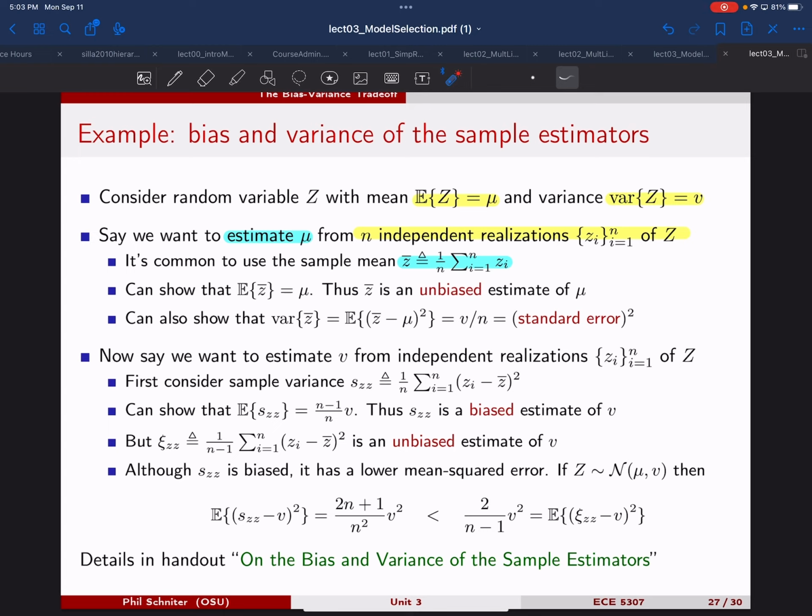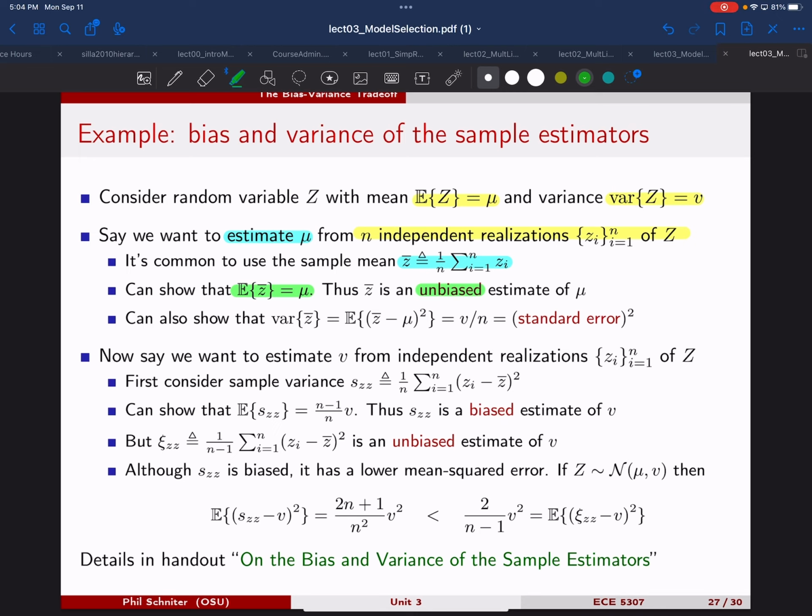From that perspective, we can look at the average value of z bar, and this one is exactly mu. So this one is perfect. This is what we call unbiased. So z bar is an unbiased estimate of mu. That's a really nice thing. You know that on average your z bars are correct, even though on any specific experiment they're not correct. But on average they're correct, so feel good in using them. Okay, any questions about that?